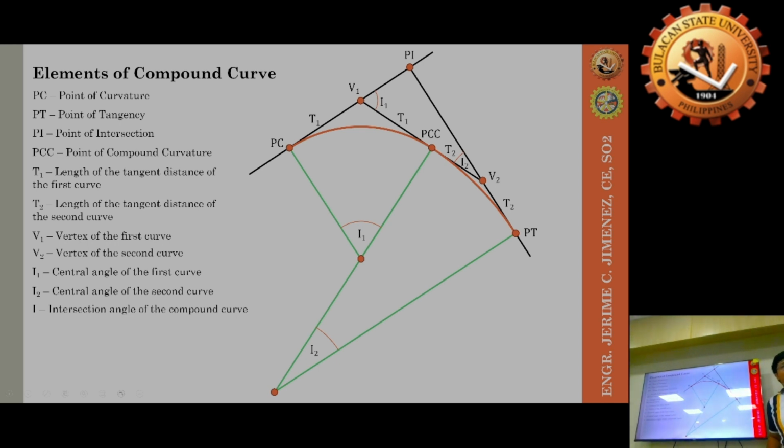Hanapin si point of intersection, doon located ang intersection angle of the compound curve. Ito yung PI natin. Therefore, ang angle niya is located dito. Okay? That will be your intersection angle of the compound curve or the central angle of the compound curve.